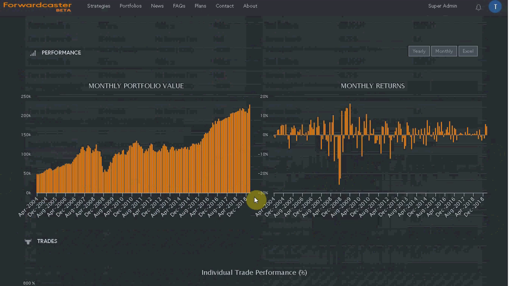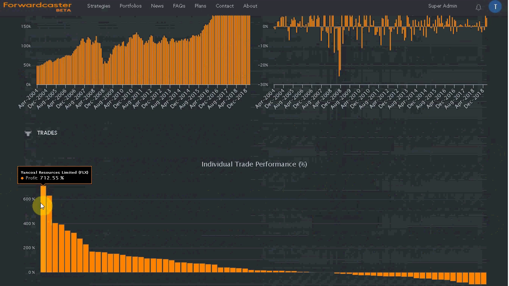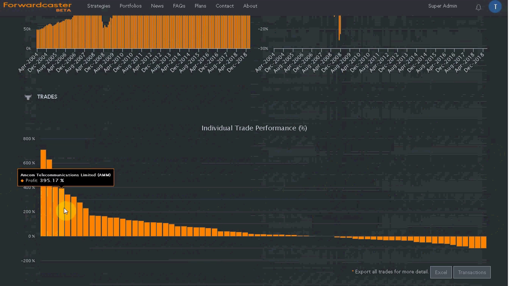Now, to get a sense of whether this strategy is robust or not, you can see here the kinds of companies which have driven the returns, and you can also note that it's actually not hugely driven by one or two massive outperforming companies.